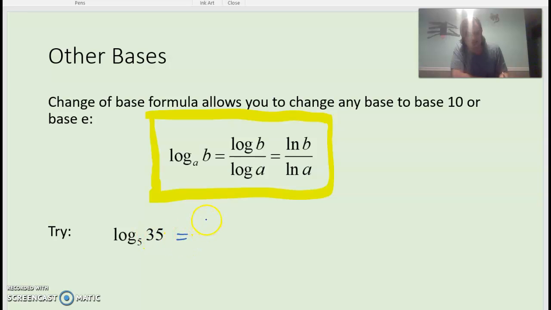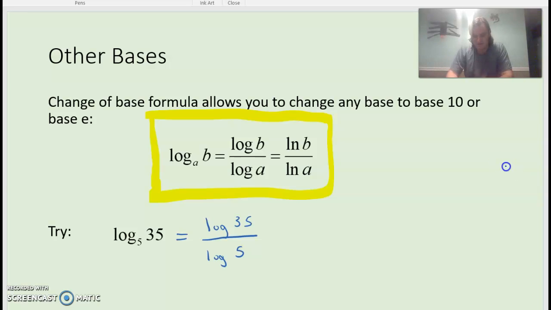So we're going to rewrite that using the change of base formula as log of 35 over log of 5. Now log is a function, it's a command telling you what to do with those two numbers. So it's not algebraic, you can't cancel it out. This is not 35 over 5 equals 7.